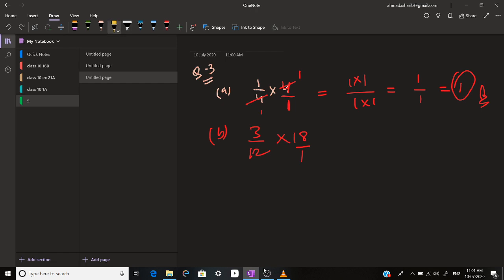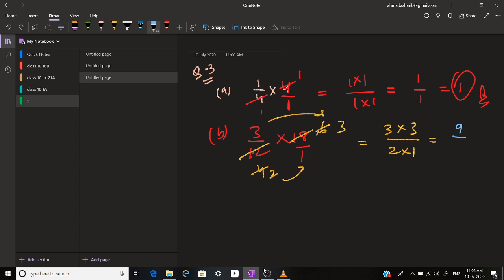Now students, we can reduce by 3. 3 4s are 12 and 3 6s are 18. Now we can reduce by 2. 2 2s are 4. 2 3s are 6. So finally we are left with 3 into 3 in numerator and 2 into 1 in denominator. So the answer is 3 3s are 9 and 2 1s are 2. 9 upon 2, this is the answer.